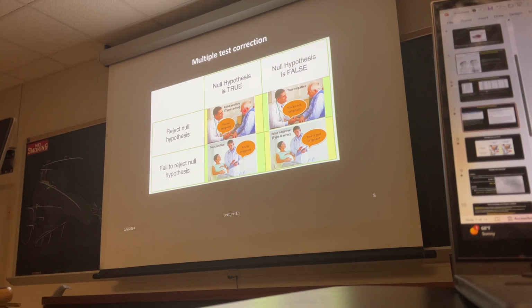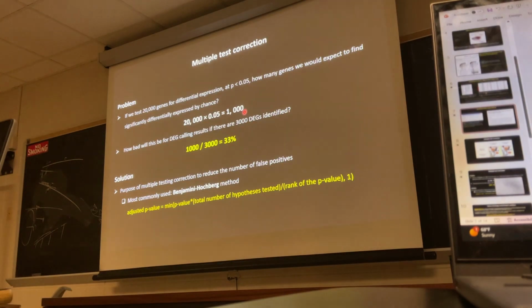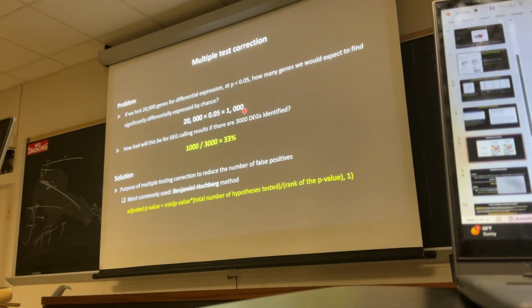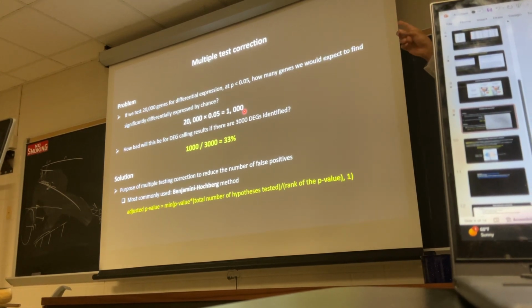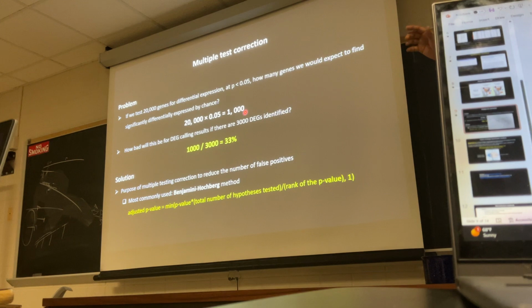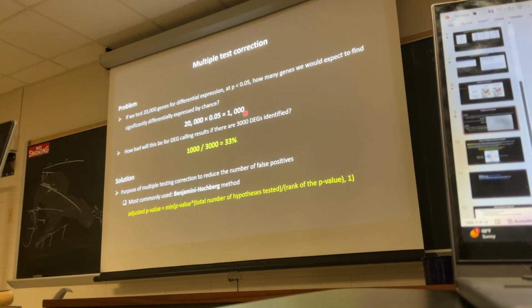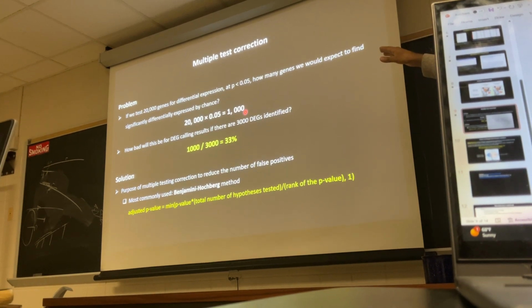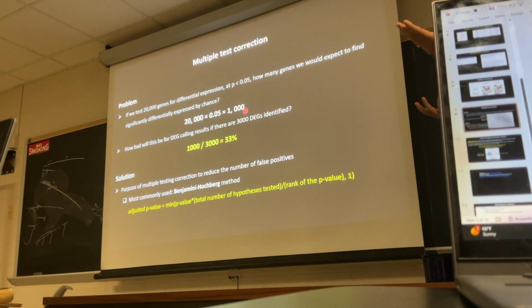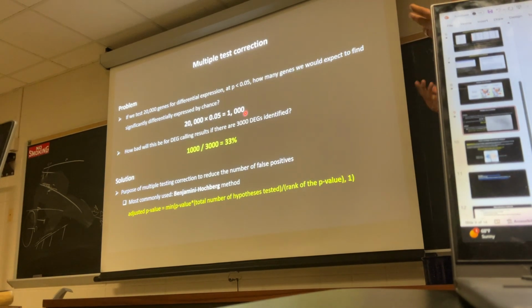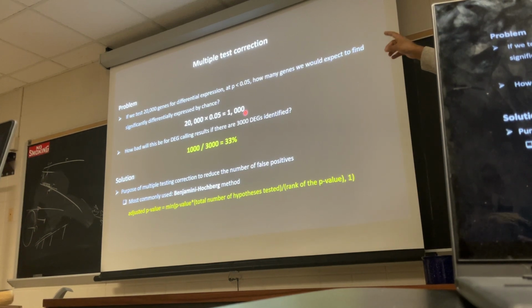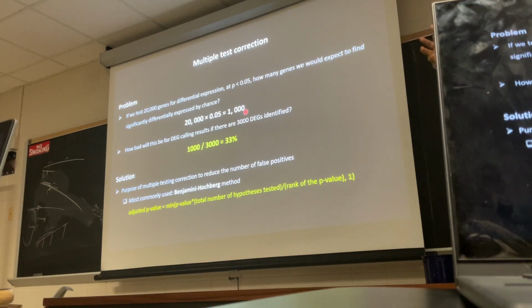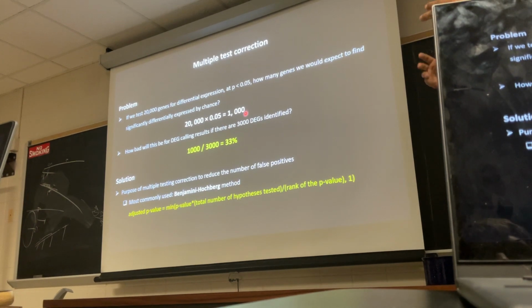So how do you calculate the FDR? Let's discuss this. When you have 20,000 genes in total in one organism, for example, and you call something significant based on a p-value cutoff of 0.05, what does that mean? With 0.05, there is a possibility that 5% of those genes will be called differentially expressed by chance, right?